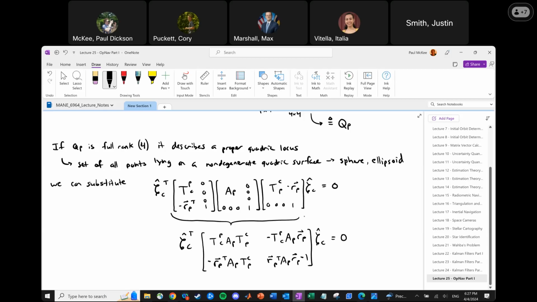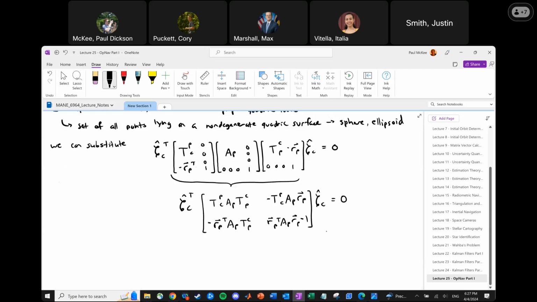Now, we can simplify this even further. Remember, A_C is T_P to C A_P T_C to P. That's not new, we had that before. And then isn't negative T_P to C A_P R_P the same thing as just negative A_C R_C?